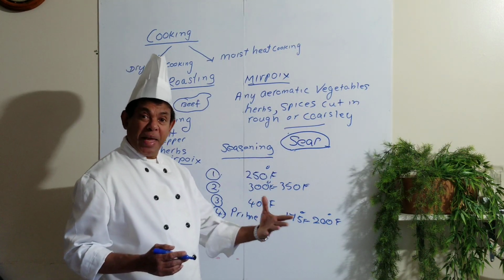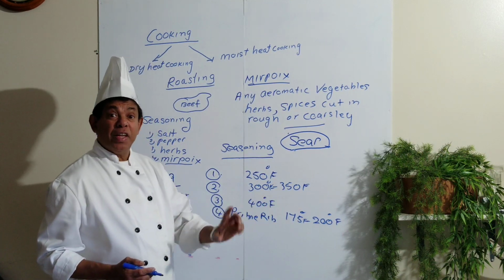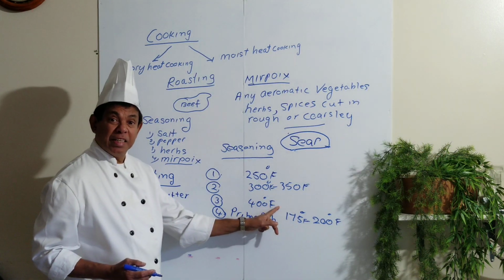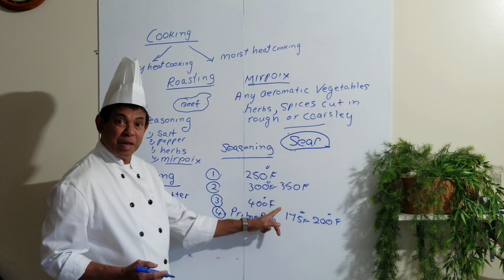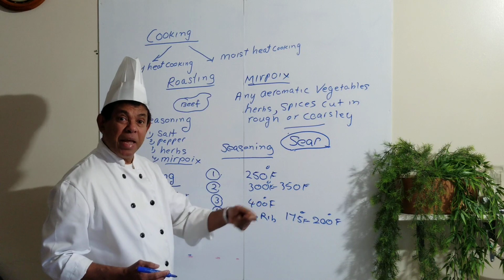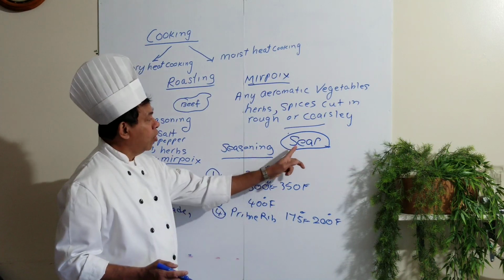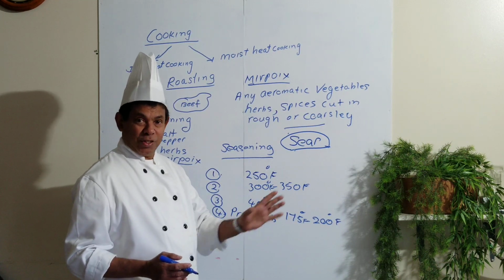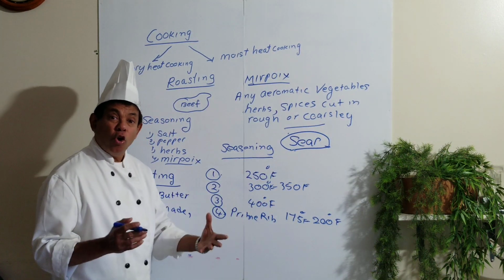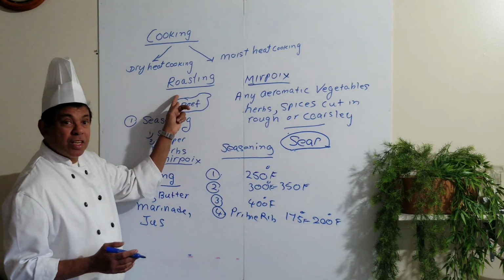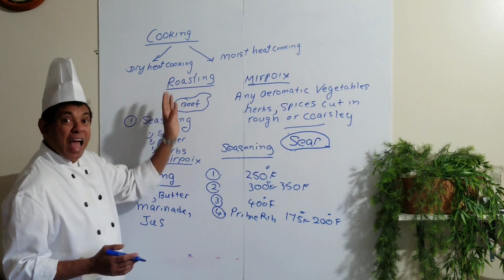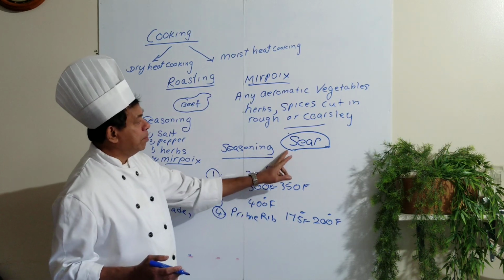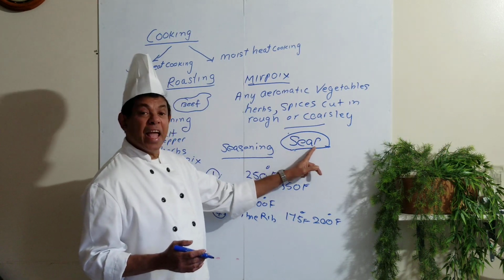If you want to sear meat, you have to brown it with high heat, about 400 to 450 Fahrenheit. Browning the meat is called searing. But in roasting, we don't sear first, we do the cooking first and sear later. So sear means browning, S-E-A-R, searing.